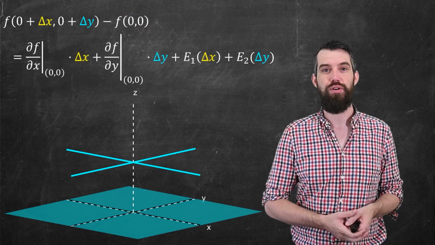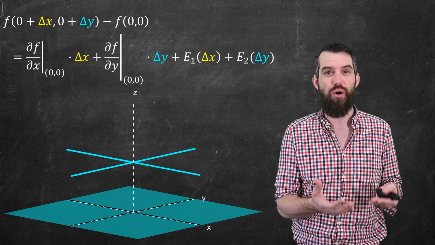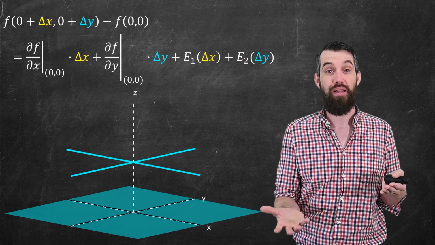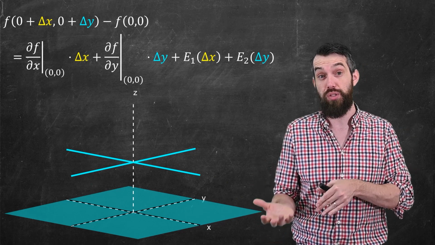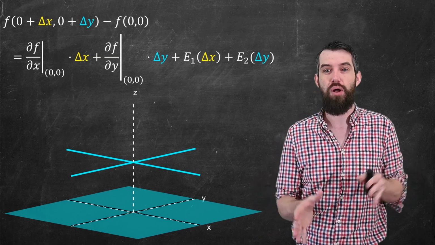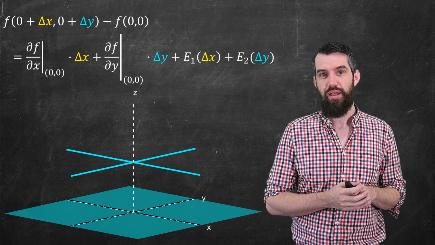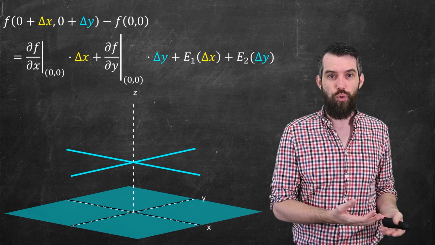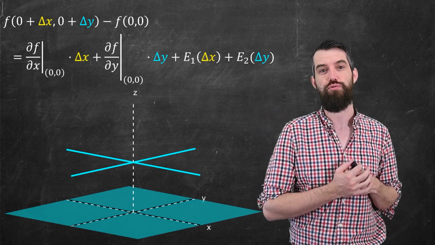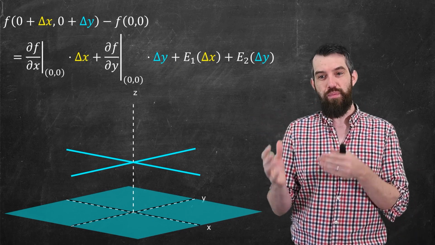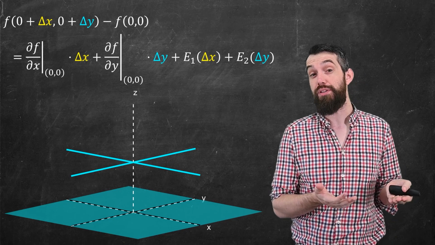Indeed, let's try to do this by writing out that definition of differentiability, and we'll see whether or not the error terms are indeed small. So I put this all in. The point is 0, 0. The shift is delta x and delta y, and I've got this expression for the partial derivatives. As we've computed, both partial derivatives are 0.